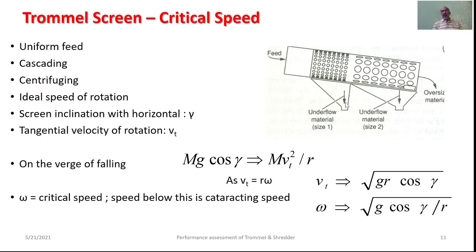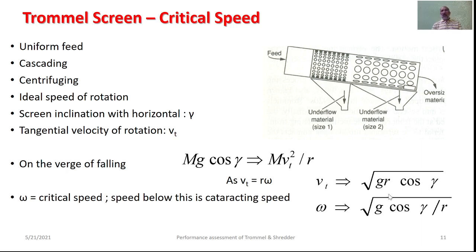Hence, the vertical component can be expressed as m g cos gamma, and it has to be equal to m Vt squared by r. This Vt, the tangential velocity, can be expressed as r omega, where r is the radius of the cylinder and omega is the critical speed.